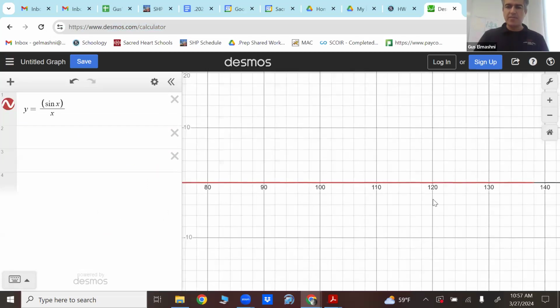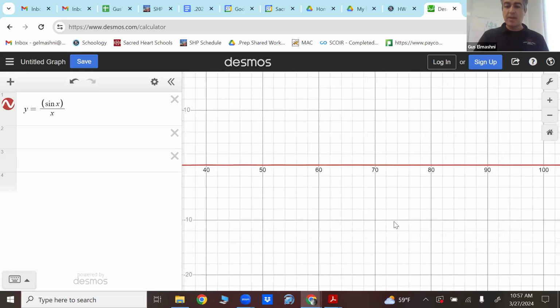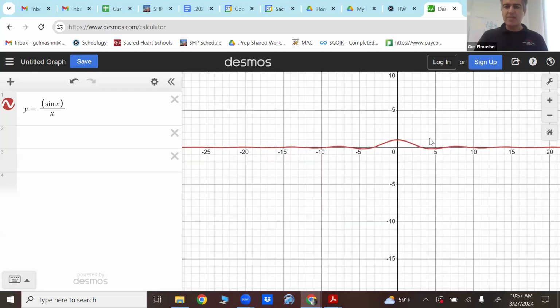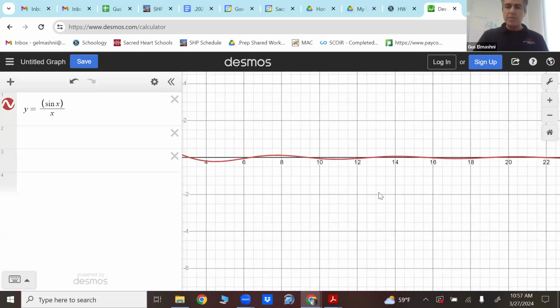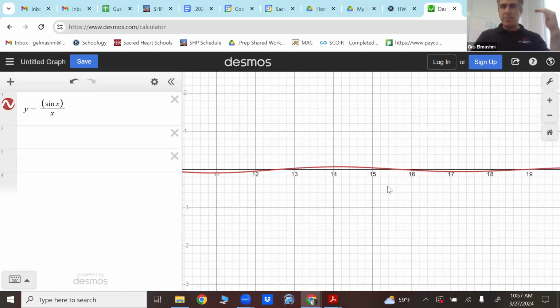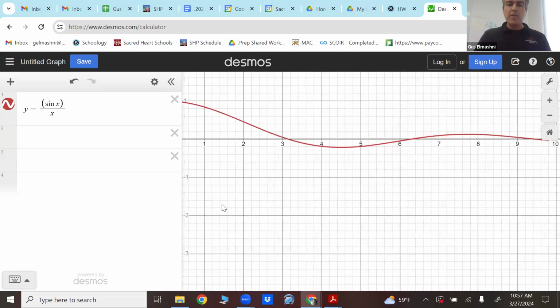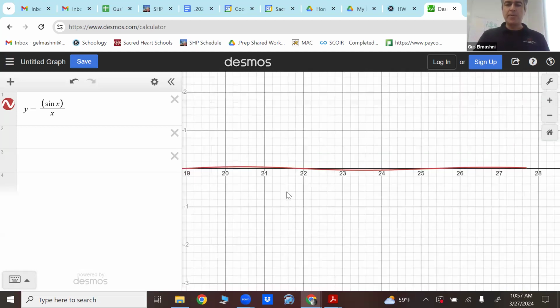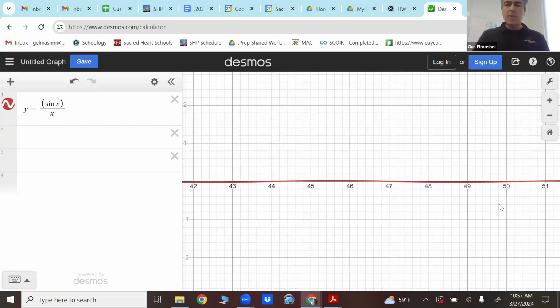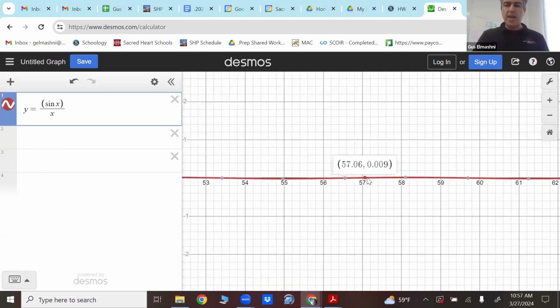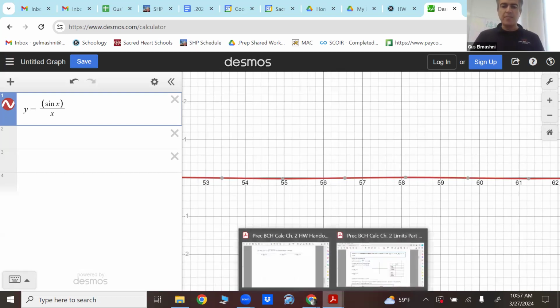If I just do this, it's getting close to the x-axis. But look what it's doing: it's going above and below, above and below, because it's wavy. That's how sine is supposed to behave. But ultimately those waves are getting less and less in amplitude, almost to a point where you could barely tell the difference between that and the x-axis. Yes, there is a difference, but it's super tiny.